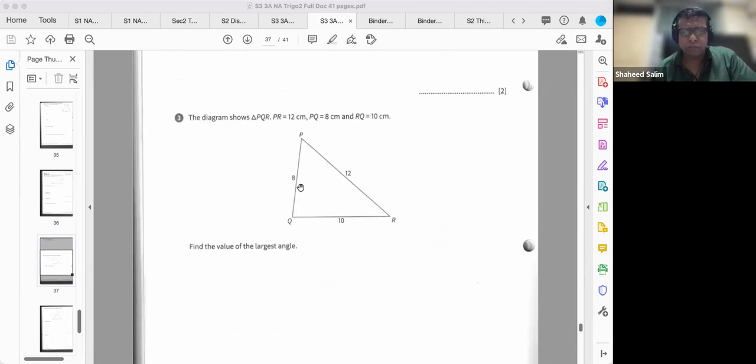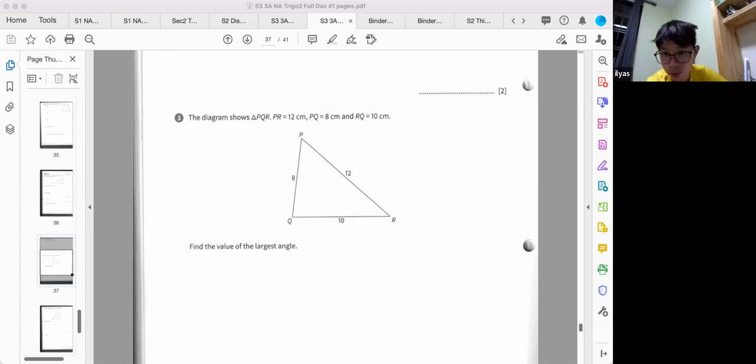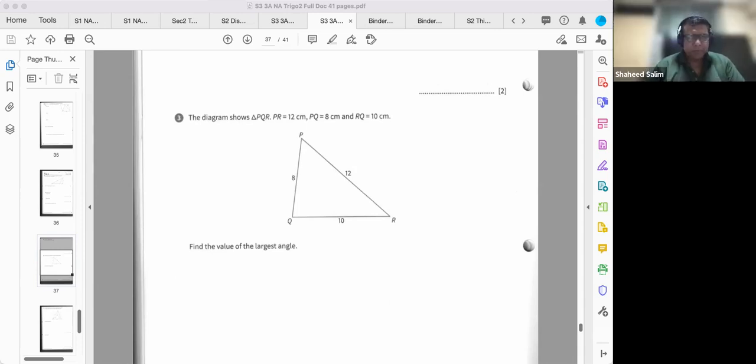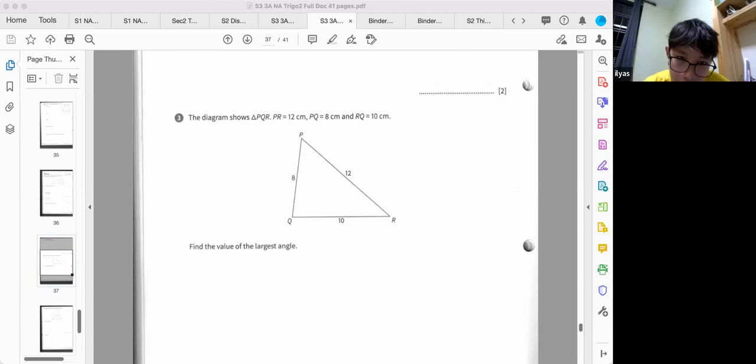Okay. They want you to find the value of the largest angle. You can use one single formula. You have learned this formula. Not the sine. Cosine formula. What's the cosine formula? Can you tell me? a square plus b square minus 2ab cosine C. Okay, good.